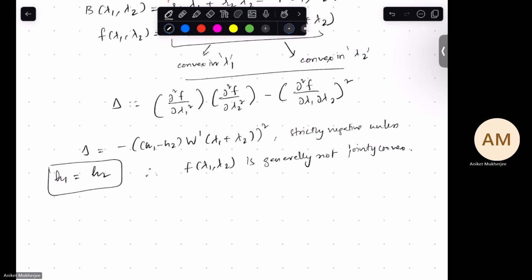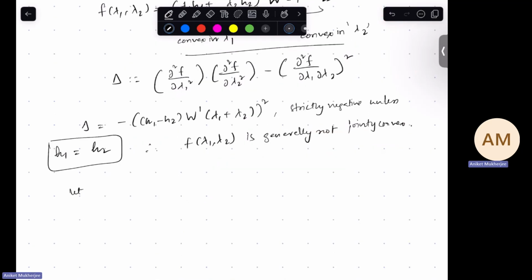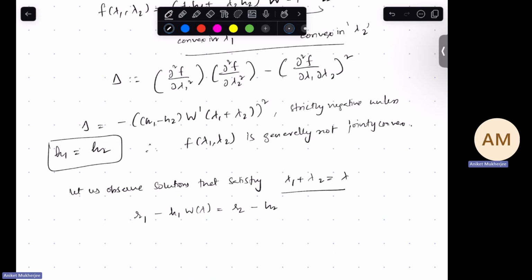So consider the points that satisfy lambda 1 plus lambda 2 equal to lambda, right? So we have R1 minus H1 W lambda equal to R2 minus H2 W lambda.